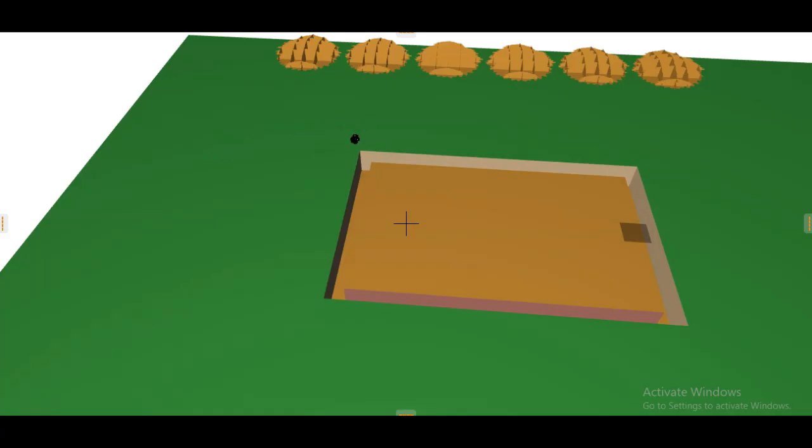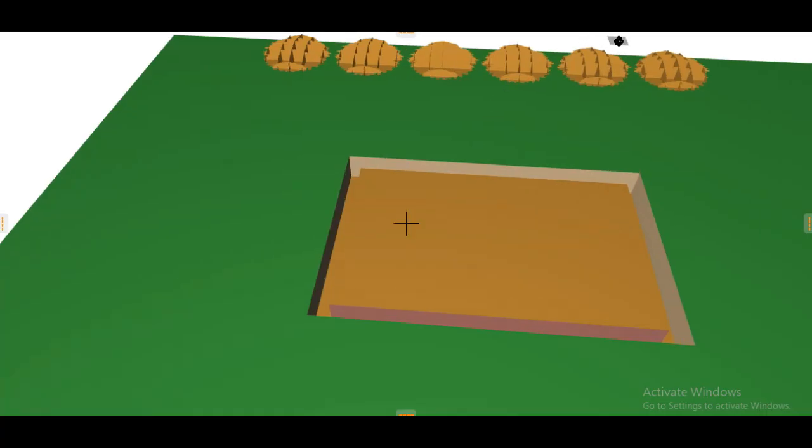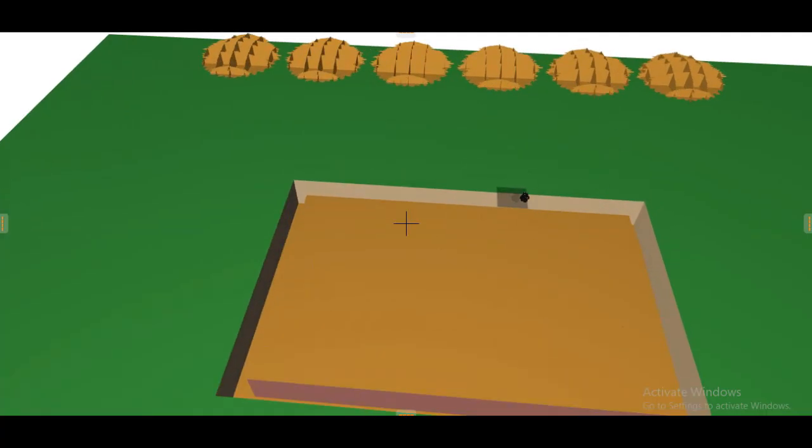So I will demonstrate how to do the disposal, whereby from this edge to these heaps, these are the heaps, this distance here is average 30 meters from the site. So you can see these are the heaps which have been excavated from this trench now. So this is the demonstration thereof.